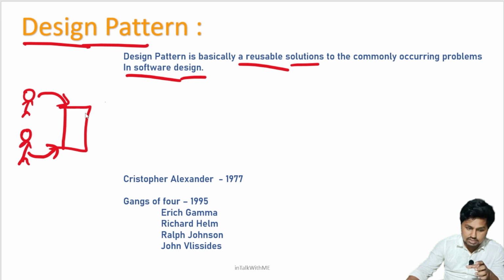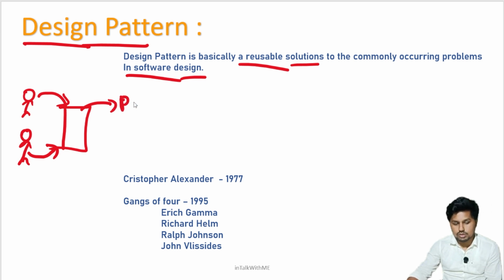Once the software is developed, there will be lots of problems while migrating, or when you try to add any new feature or make any modification. Let's say there are some problems, p1, p2, lots of problems you will be facing.